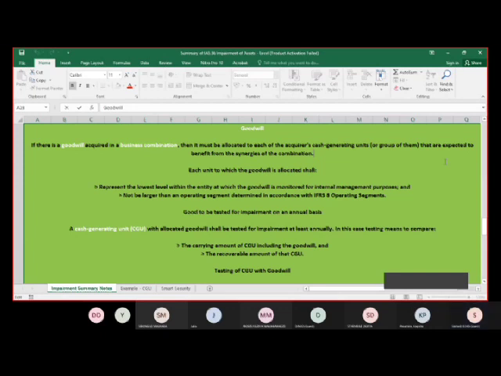It's just the example that I've just done. Each unit to which the goodwill is allocated shall represent the lowest level within the entity at which the goodwill is monitored for internal management purposes, and not be larger than an operating segment determined in accordance with IFRS 8 operating segments. Goodwill is to be tested for impairment on an annual basis.